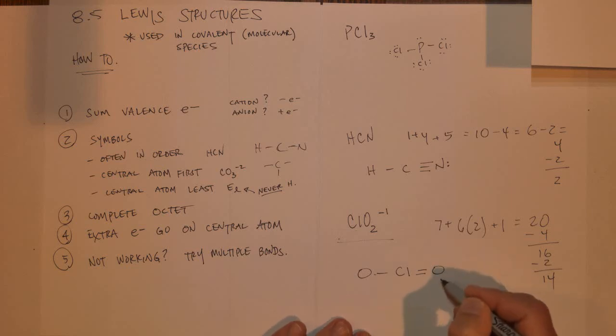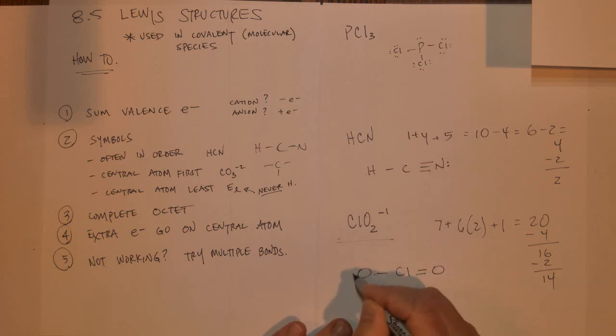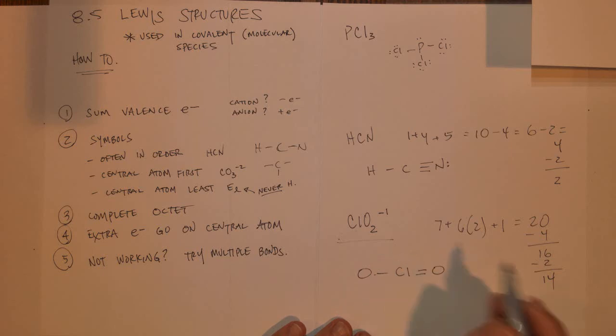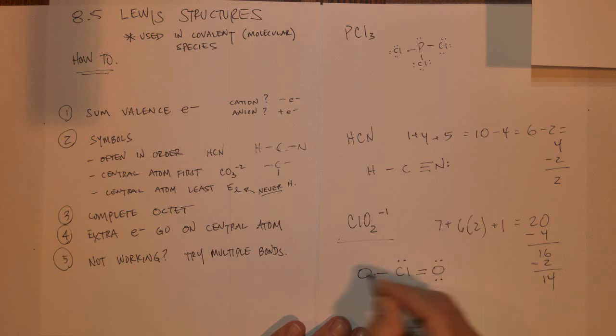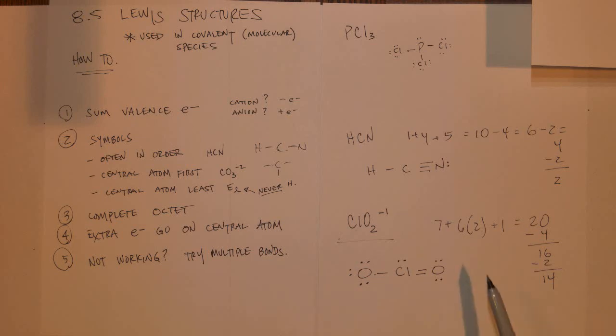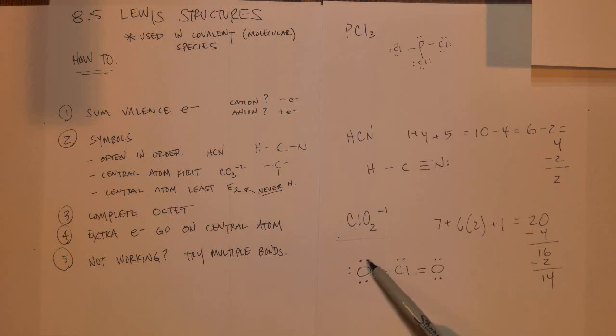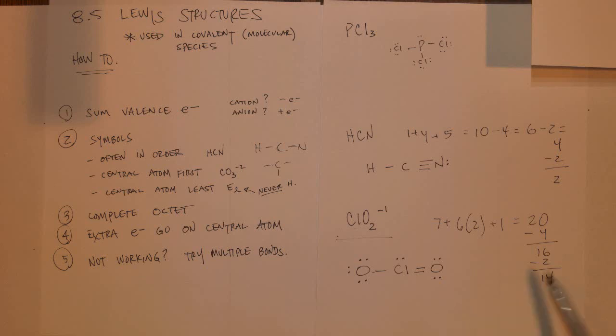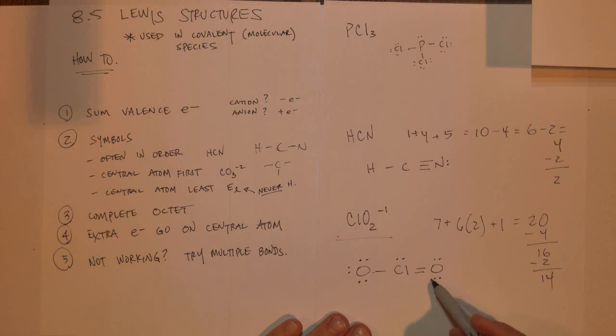So if I go 2, 4, 6, 8, 10, 12, oh, I might be able to make this happen. Am I close? I think I'm close. Let's count them all up. 2, 4, 6, 8, 10, 12, 14, 16, 18. I think I'm not making it work quite right. Maybe I didn't need this double bond right here.